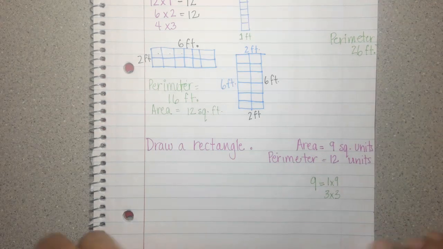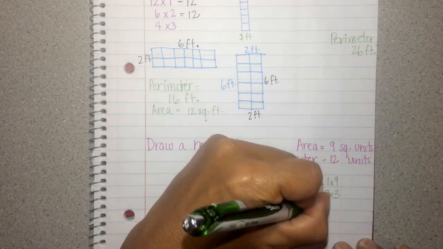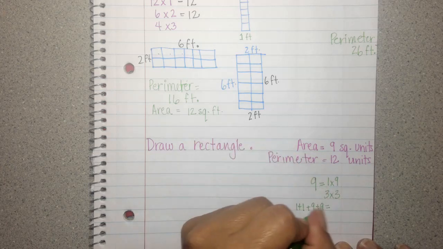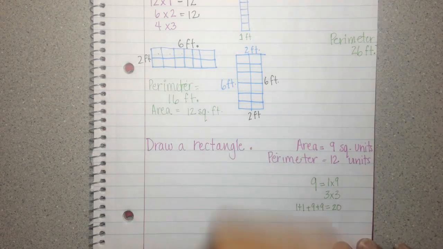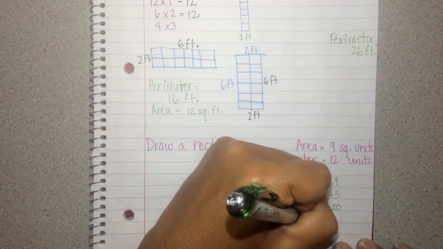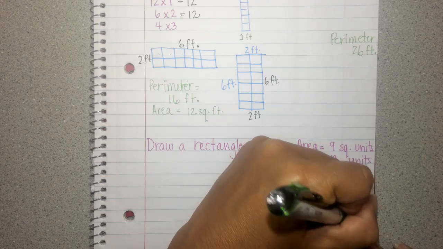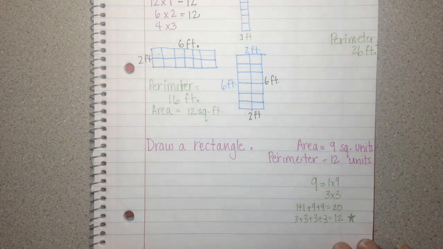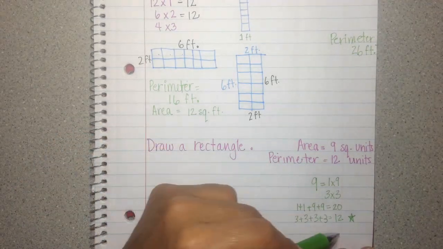If I add 1 plus 1 plus 9 plus 9, I get 18, 19, 20. If I add 3 plus 3 plus 3 plus 3, I get 12. And that is what the directions asked for, an area of 9 and a perimeter of 12.